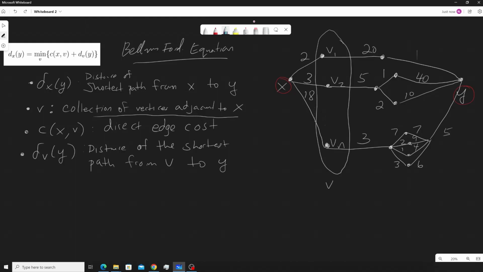That is, essentially what you're saying is you take one step to v1, and then you solve from v1 to y recursively. And so you're solving this problem now, the shortest path from this one.